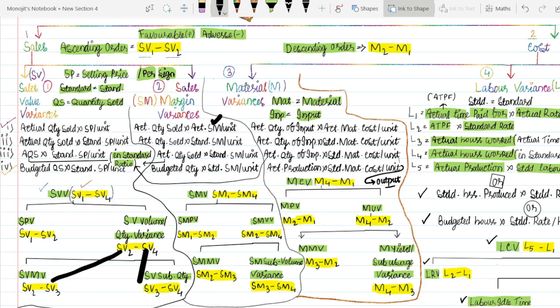Sales margin is the multiplying component. In case of sales value variances, we need to multiply with the sales price per unit, but in case of sales margin variance, you have to multiply with the actual sales margin per unit.